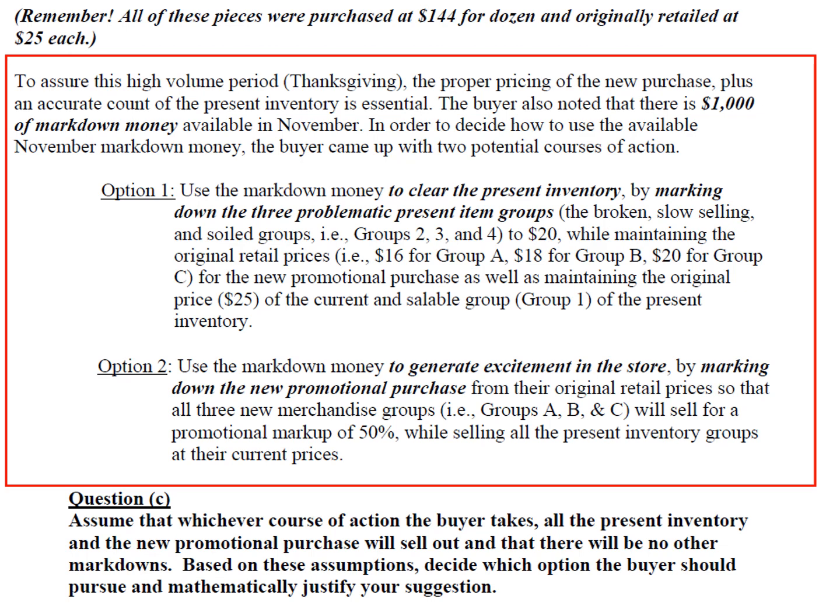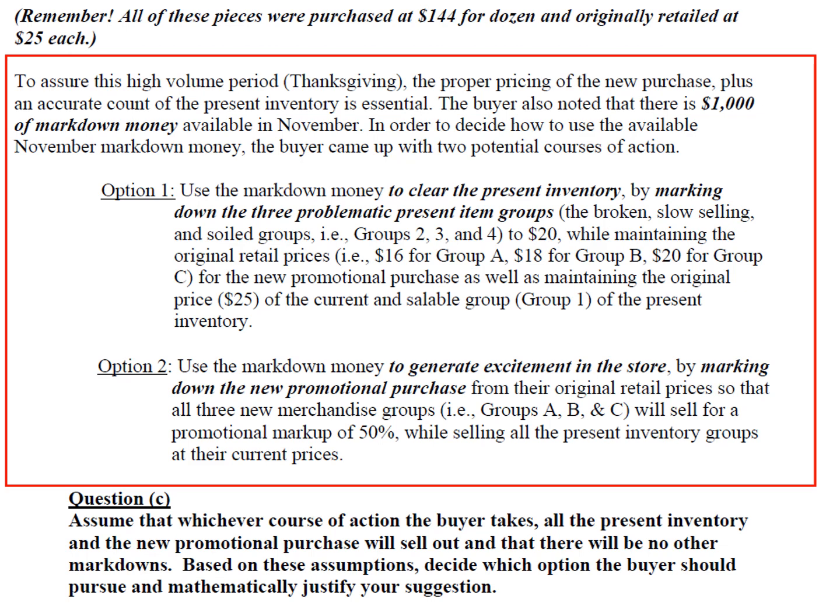Okay, so she could utilize this markdown money to retail this new promotional merchandise at a promotional markup of 50%. The normal department markup is a lot higher, and even with the original retail, which was lower, 16, 18, 20, it would probably still be higher than a 50% markup, right?